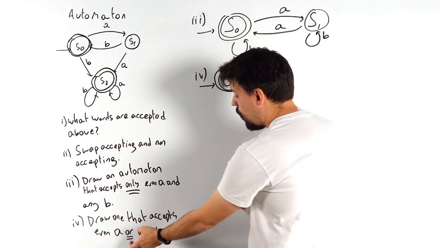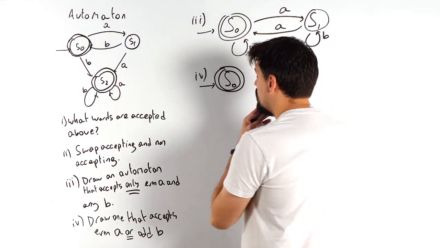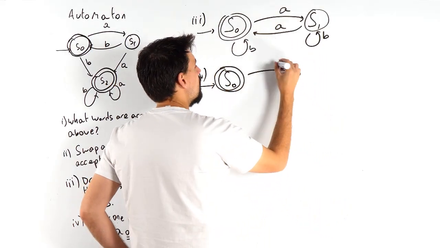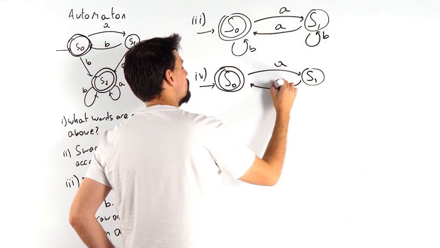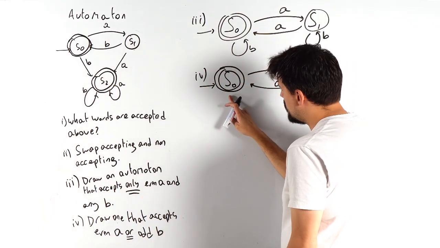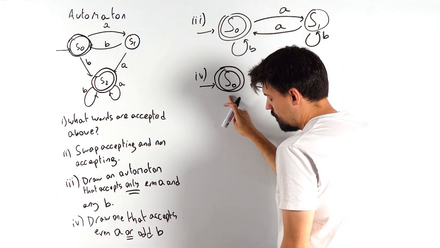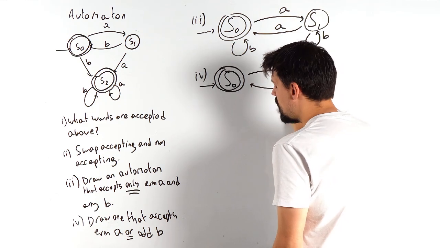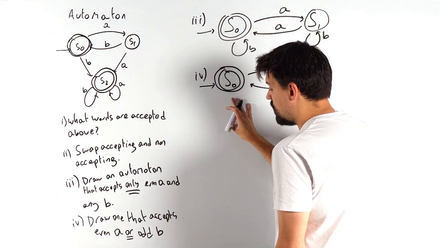Now, this is OR in math, so it needs to accept just an even number of A's. So we're going to have this sequence going as well. Now, B's can't just go to itself. All right, now if you've got an even number of A's, I should be able to have any number of B's work, so an even or an odd number of B's.